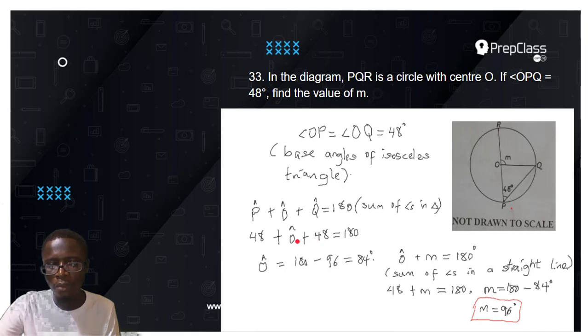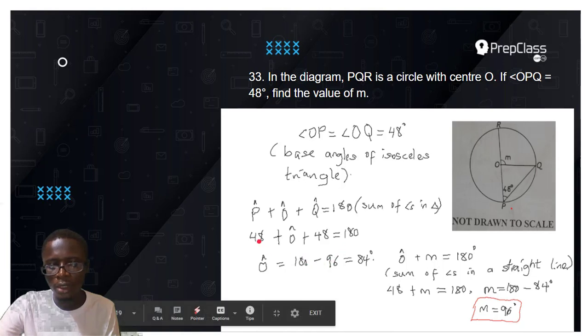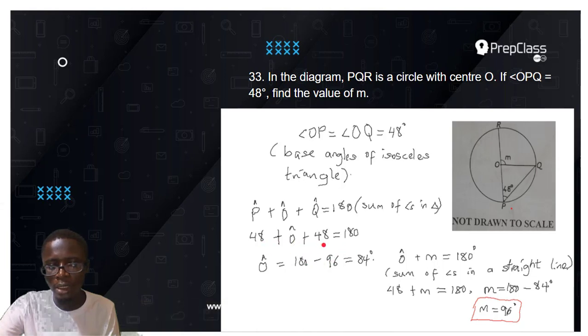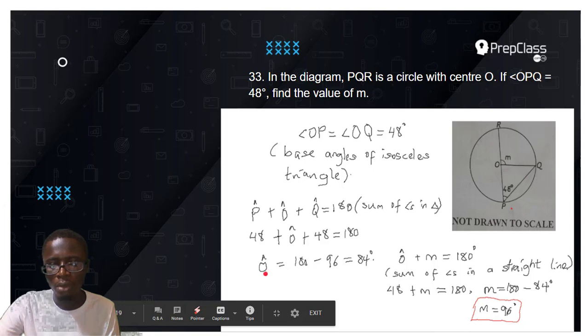We are looking for the angle at O, because everything sums to 180. 48 plus 48 is 96. Then, crossing these values to the other side of the equation, the angle at O is equal to 180 minus 96, which is equivalent to 84 degrees.